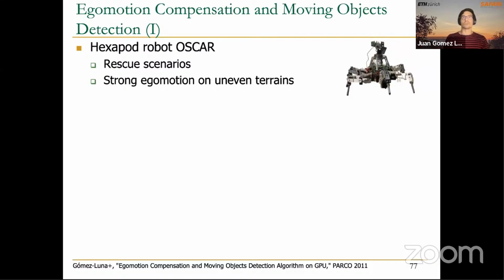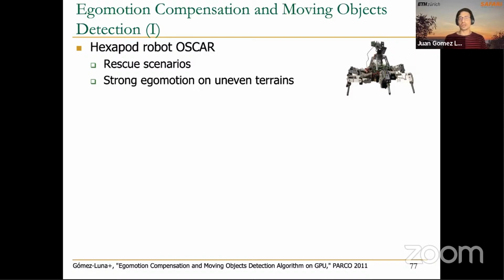And because it moves over uneven terrains and it has 6 legs, it's moving in a weird way, so it's difficult to have the camera stable, right? And if we want to do some processing of the images captured by the camera, we need to remove the strong ego motion.